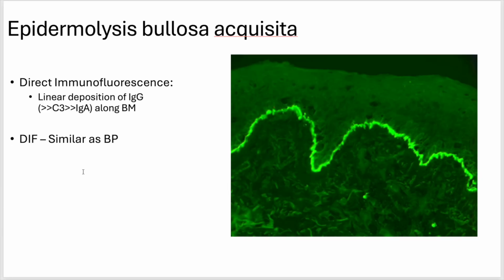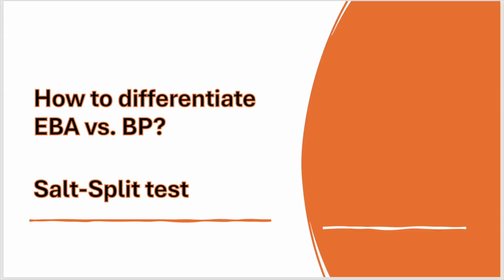And if we do direct immunofluorescence, it will show a linear deposition of IgG along the basement membrane zone, sometimes with C3 as well, but the IgG is more dominant. This pattern looks very similar to bullous pemphigoid, so clinical correlation and the salt split test can help in differentiating these two. So the question is, what is salt split?